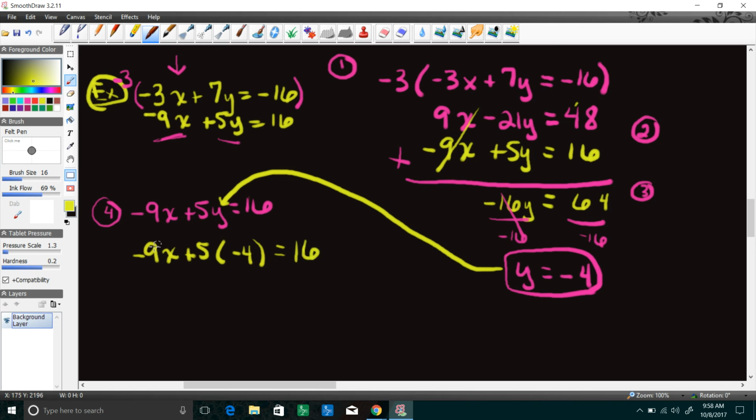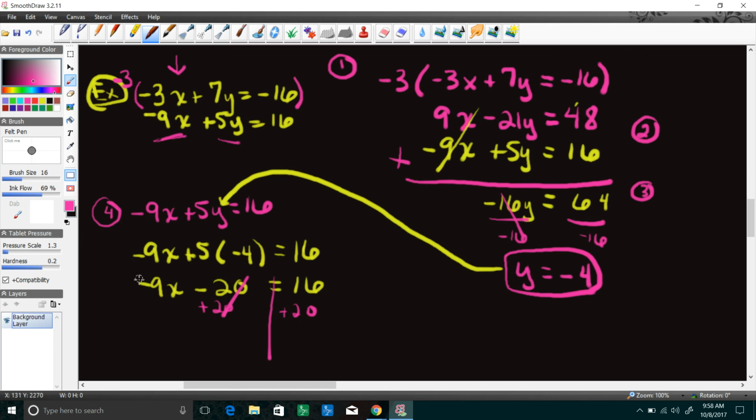And here we just simplify. So negative 9x, 5 times negative 4 is negative 20. So minus 20 is equal to 16. I'm solving for x, which means I have to get x by itself. So I'm going to do plus 20, plus 20 on both sides, okay?